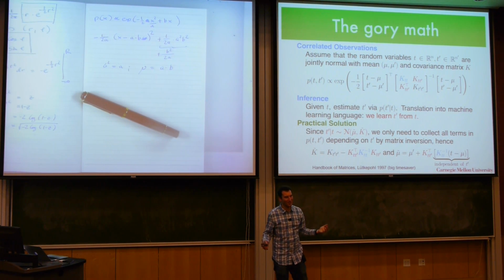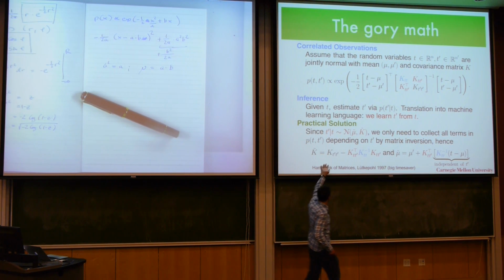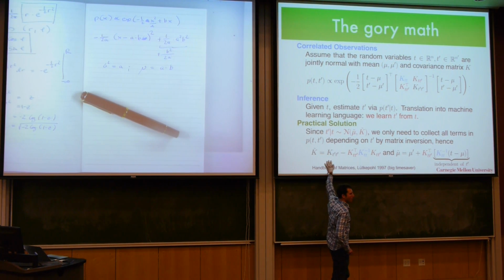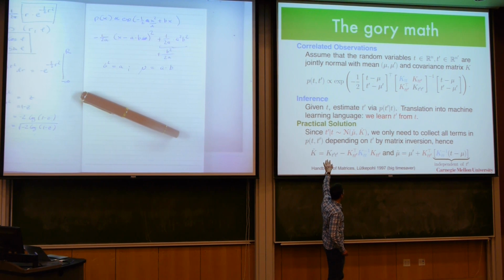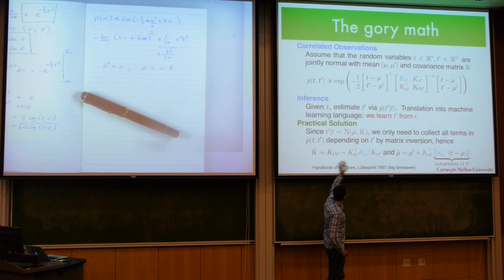Since Gaussians cannot have negative variance, we know that this is still a positive semi-definite matrix. It might have covariance 0 if the t's completely determine the t primes, but that's about the only thing. It can never have negative spectrum. Which is kind of cool because you're taking this thing, you're subtracting something from it, and it still works.